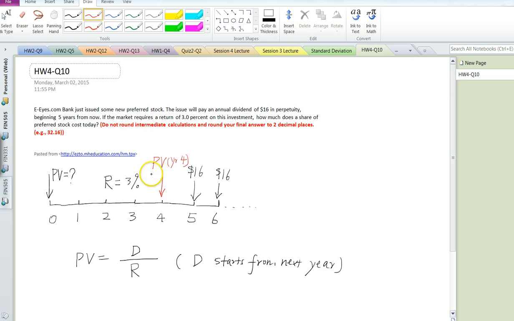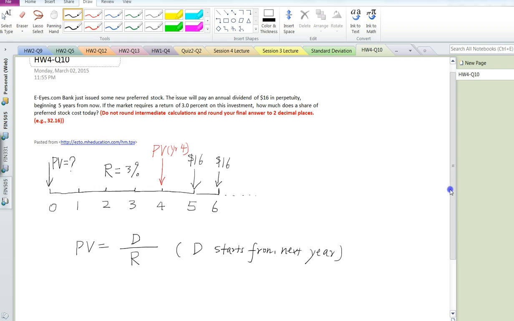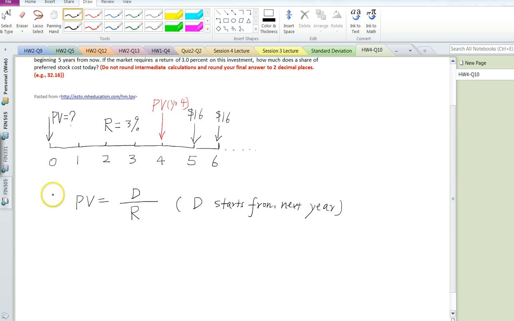So we are essentially discounting this future value by 4 years back to the true present. And then we can solve out the present value of that single cash flow. So basically we have described a way to solve this question in 2 steps.